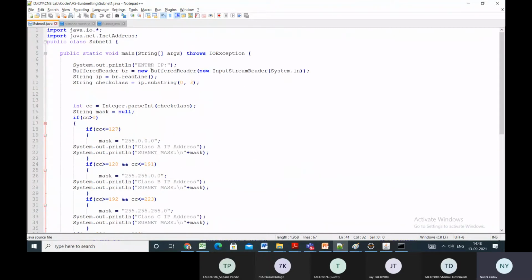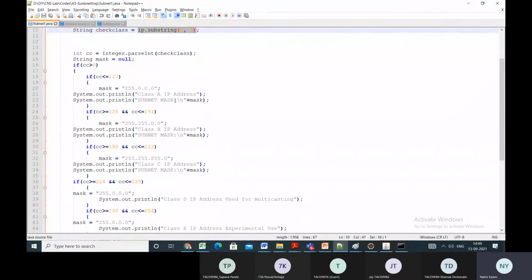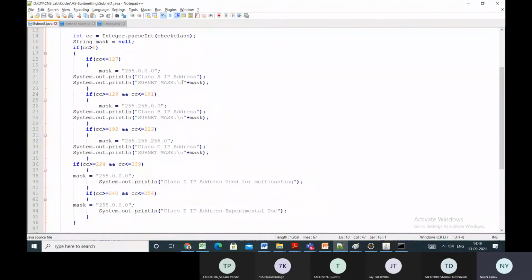So in my code, once I take an IP address from the user, the class of the IP address is to be verified. So I will be taking the first byte. Here I have written the code as ip.substring, which gives me the first byte of my IP address. The class for that IP address is then checked, right? If it belongs to class A, then the mask will be 255.0.0.0.